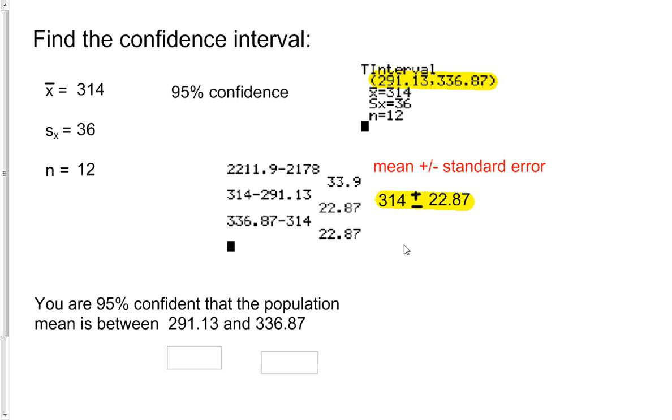But a lot of times you want to know, what's your best guess of the mean? And our best guess is always going to be x bar, 314. However, how much are you willing to go away from that 314? Well, we're willing to say it's within 22.87, within about 23. How confident are you of that?